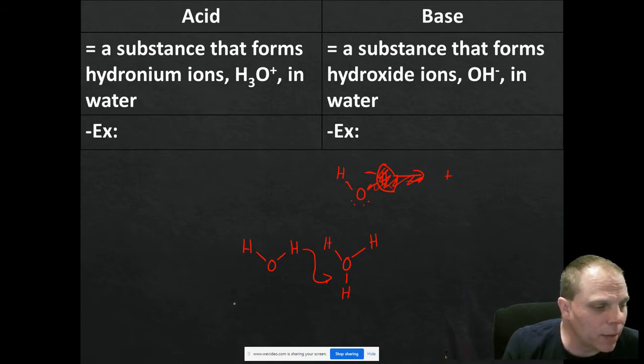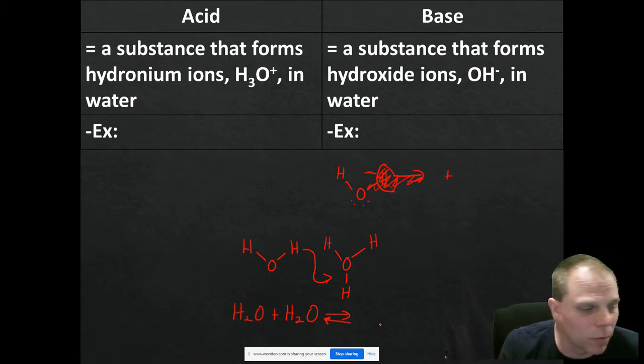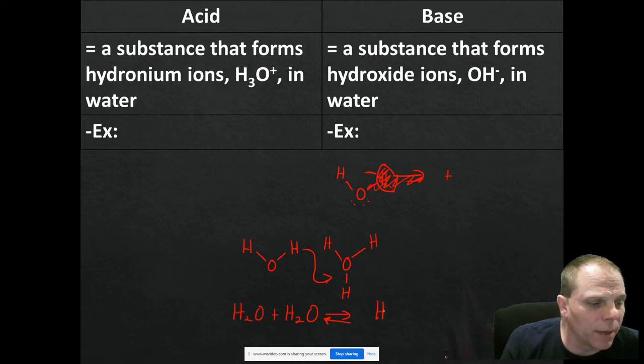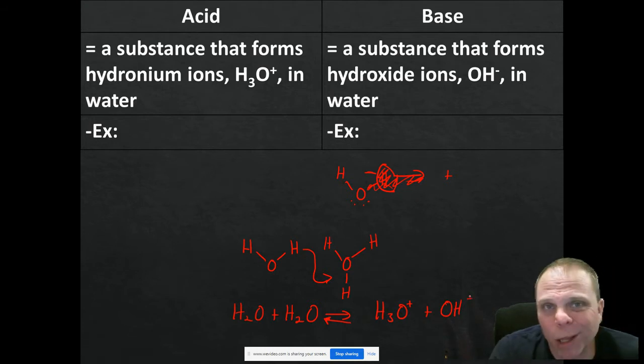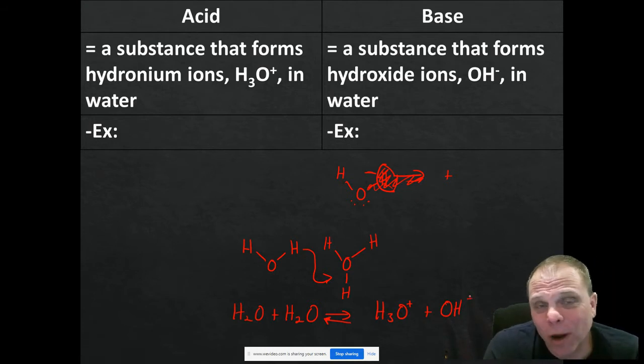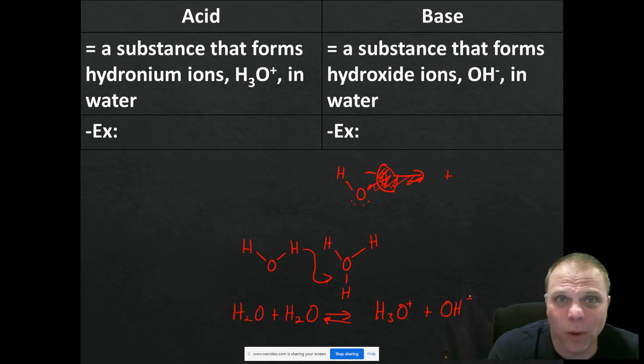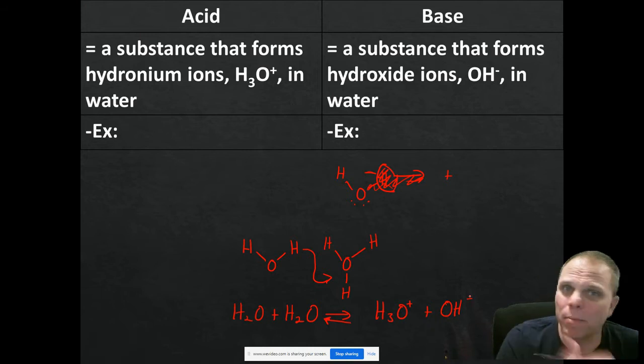So it's basically like we have H2O plus H2O, and in water this is happening all the time, and we call it the self-ionization of water. This forms H3O+ and OH-, because one water molecule is losing a hydrogen and the other is gaining a hydrogen. So one becomes H3O+ when it gains, and the other becomes OH- when it loses. And this is going back and forth.